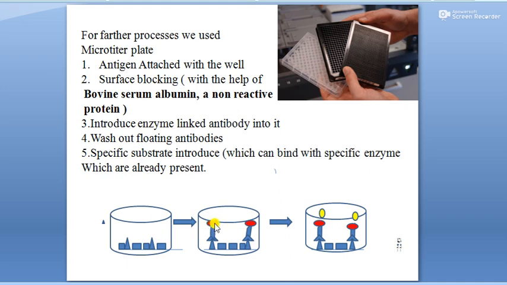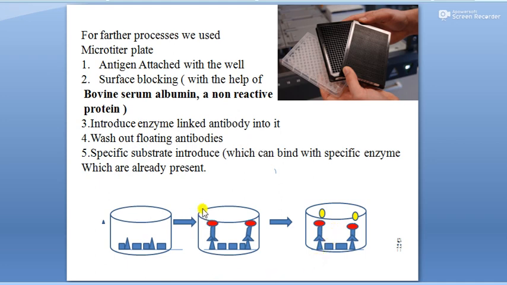Red shaped symbols indicate the enzyme, and this is an enzyme linked antibody. After this we add something, that is the substrate. It's also called chromogenic substance. Those chromogenic substances attach with the enzyme linked antibody, and they form a complex with the specific types of enzymes.